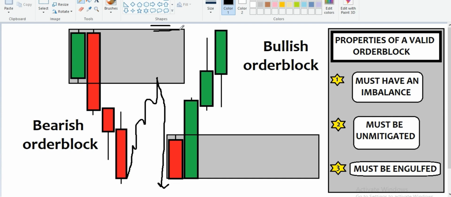And in a bullish order block, once the market has given you your bullish order block and you've spotted it already, this is where patience plays a very good role. This is where patience becomes a virtue as a trader. You wait for price to come back inside your order block. Then you buy, and you see price respecting your order block.